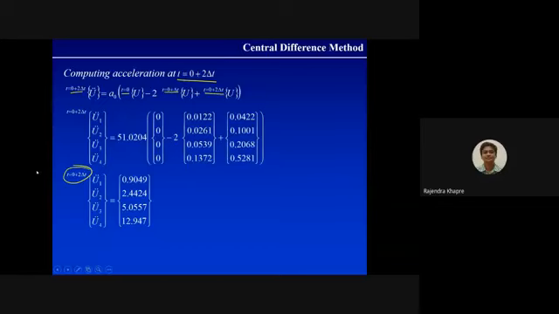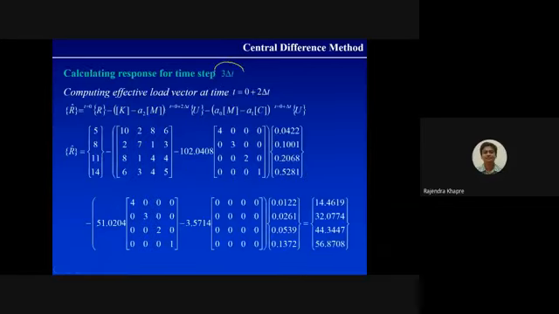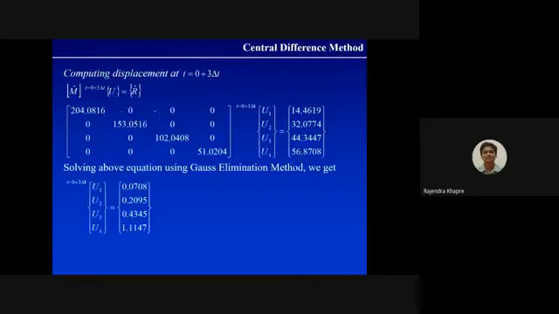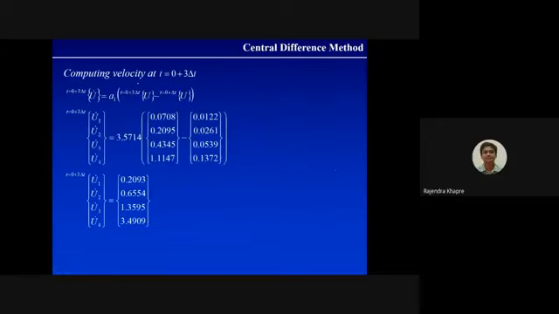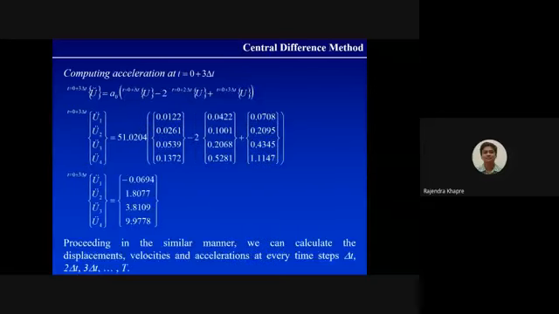The same thing we have to repeat for step number 3 also. So I'm not going into much detail. Everything remains the same, only now this delta t will be added in the earlier expression. Okay, and you can get this displacement over here, this velocity over here, and this acceleration over here.